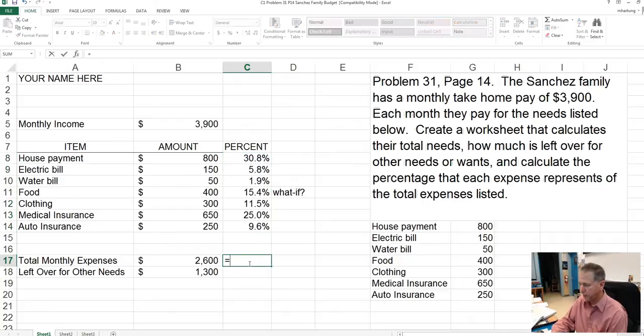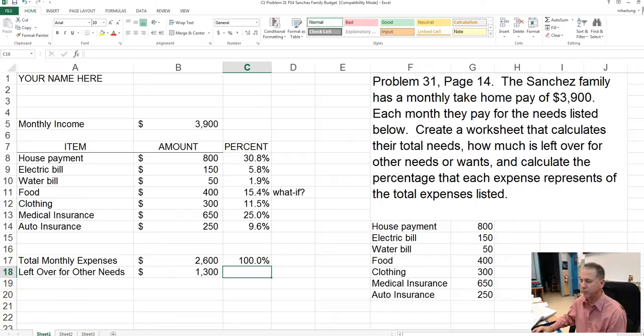And then the next step will be to add those up. And remember the sum function, SUM. Any guesses on what that total should be? Yes, 100%. If it was not 100%, we would have to go back and find out why it is not 100%.